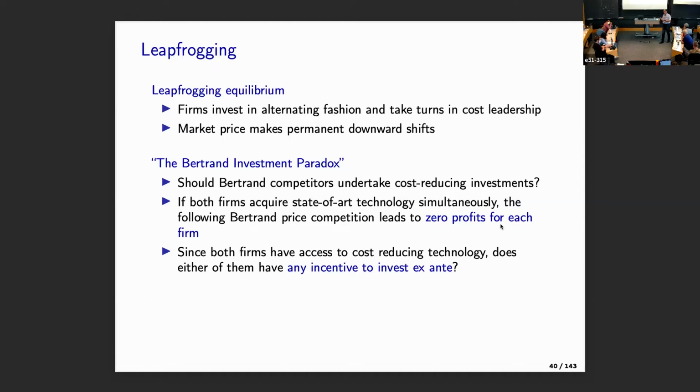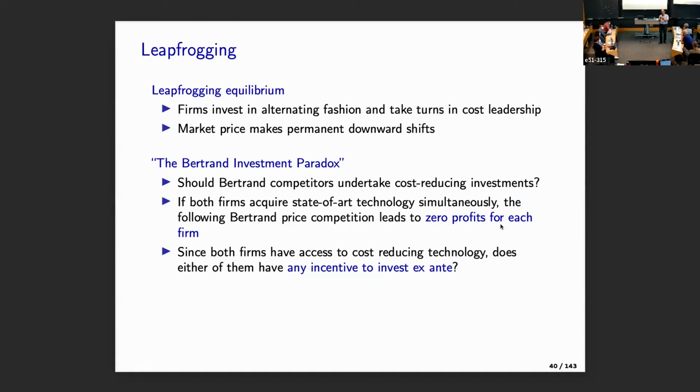Now there's a paradox, right? Why would you invest in the first case if you know that your competitor can also do the investment, maybe next year or maybe this year in principle, and then you're on the same level of marginal costs and nobody's earning any profits?